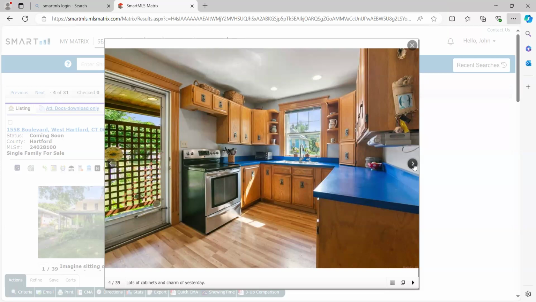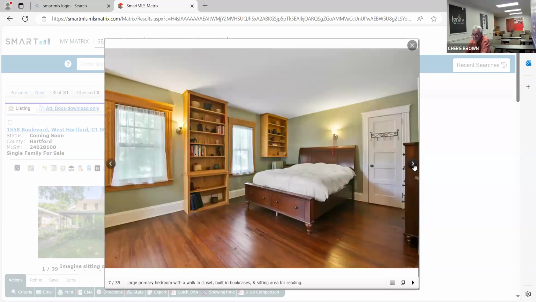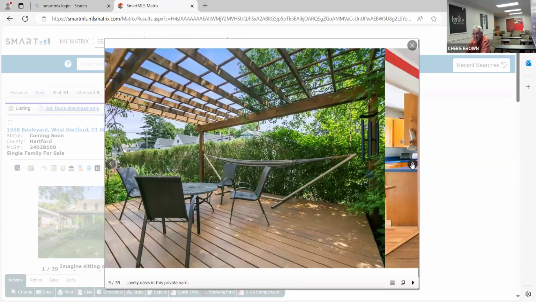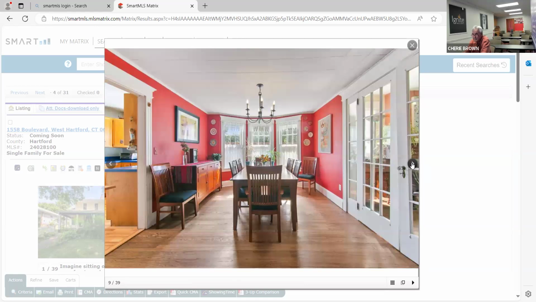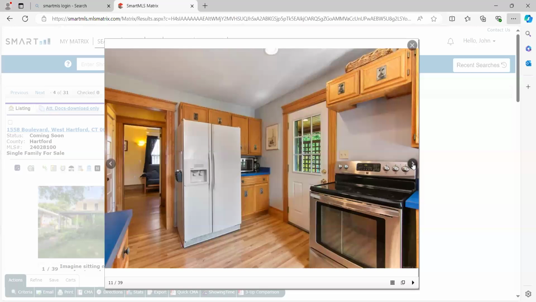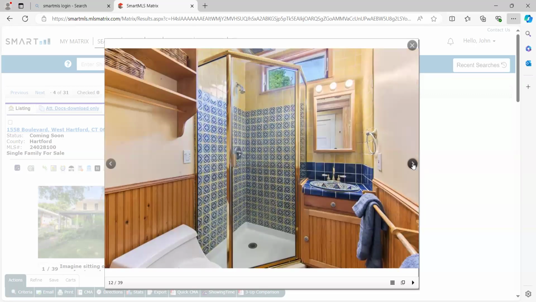Cabinets are a little bit old. By looking at this property, I think the property we are going to list is better than this property.